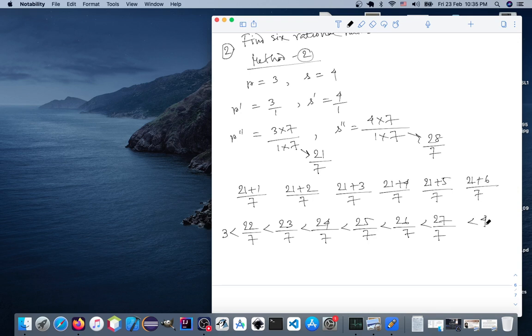So we have found 6 rational numbers between 3 and 4 using method number 2.